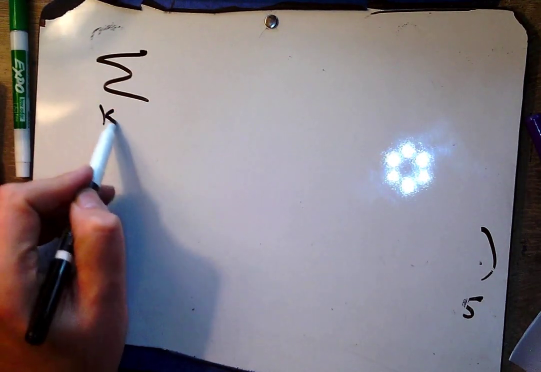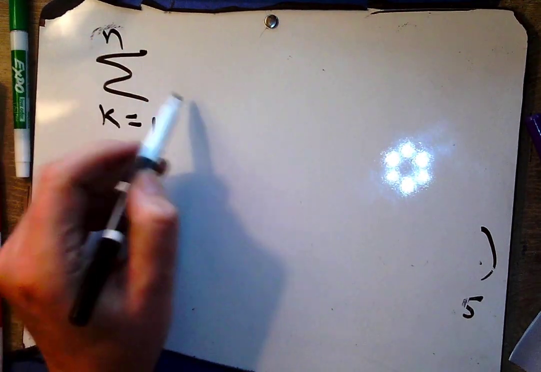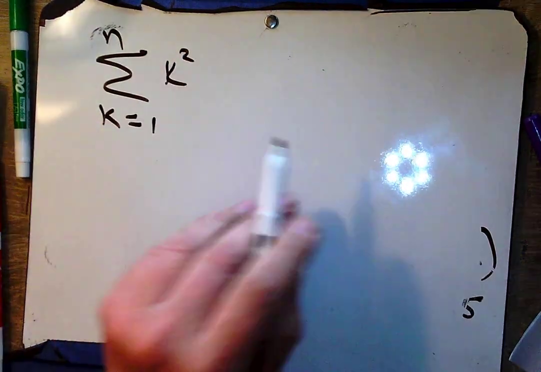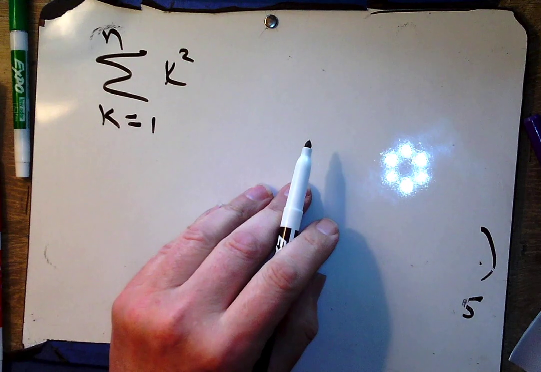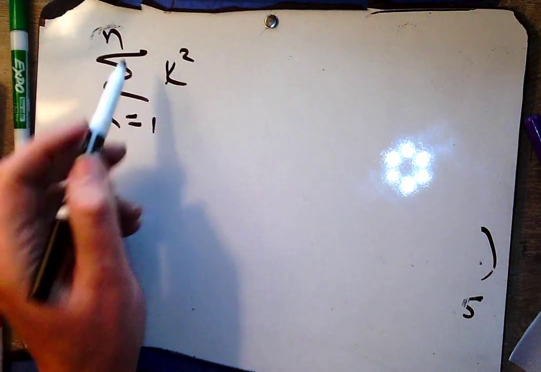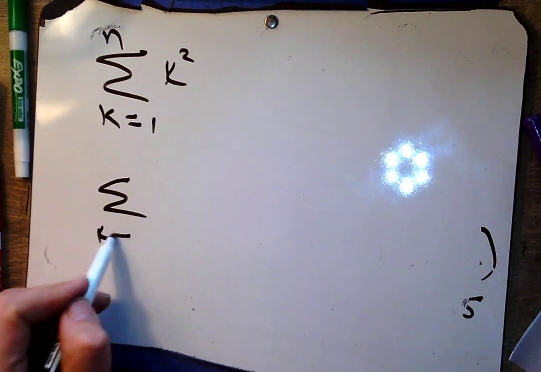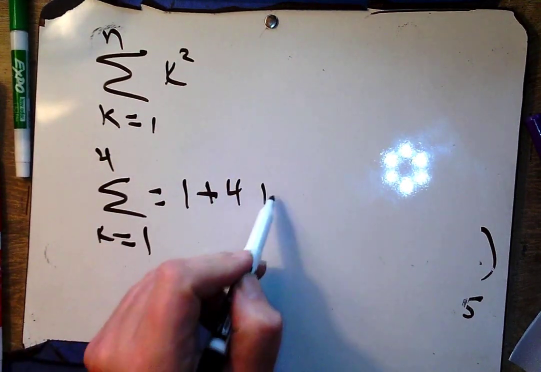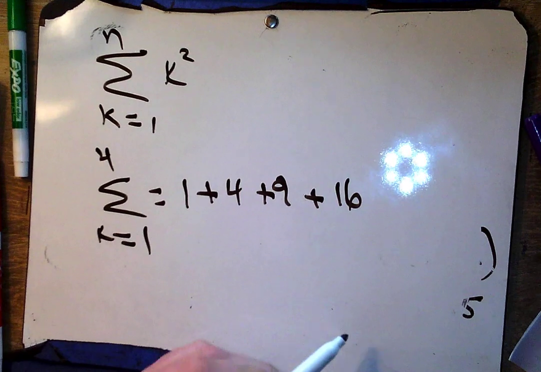So, one more. The sum from k equals 1 to n, not of a constant, not of k, but of k squared. Okay? And if we start generating some values, k equals 1 to 4, I'm looking at 1 plus 4 plus 9 plus 16.